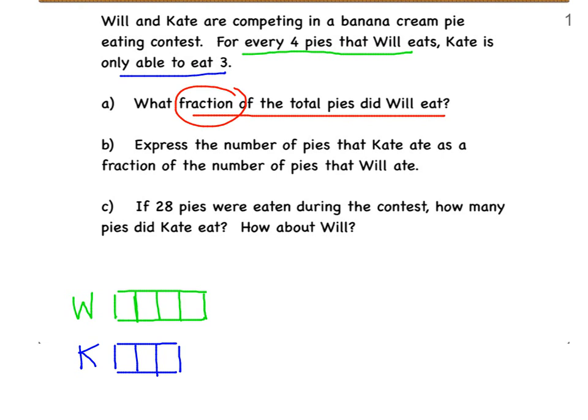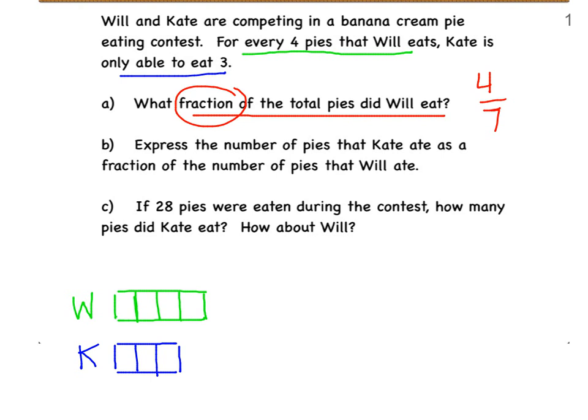Well, since they shared the pies between the 2 of them, and Will ate 4 for every 3 that Kate ate, every time they completed a cycle, they ate 7 pies. So we can actually say that the fraction is 4 parts out of 7. Because if I count up all the units in my model, I have 7 units.